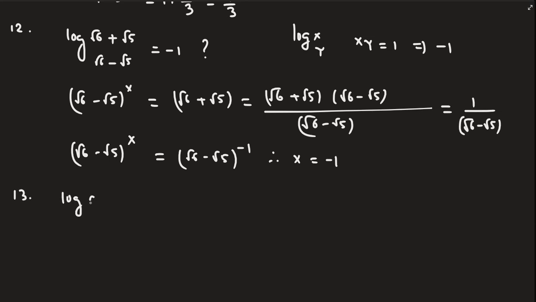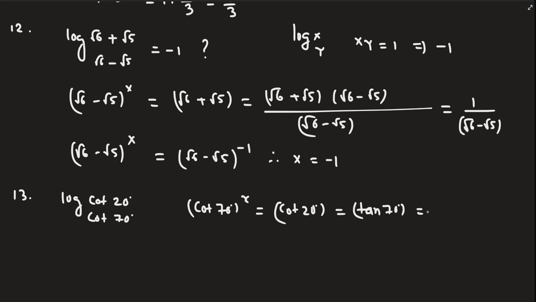Log of cot 20 degree, base cot 70 degree. What is its value? What we know is that cot 70 degree to the power x should be cot 20 degree. Now cot 20 degree I can write as tan 70 degree.